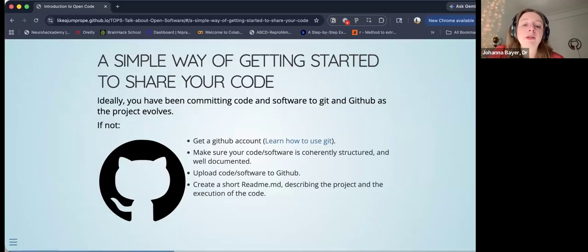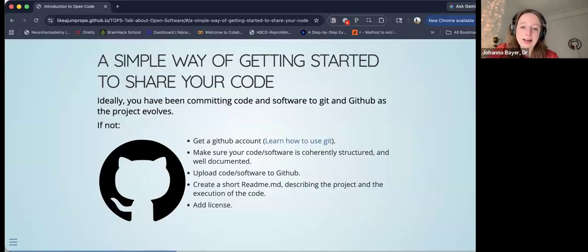The README is basically the first thing that visitors see when they navigate to your GitHub repository online. It usually describes the repository, what is in there, and what you can do with it.